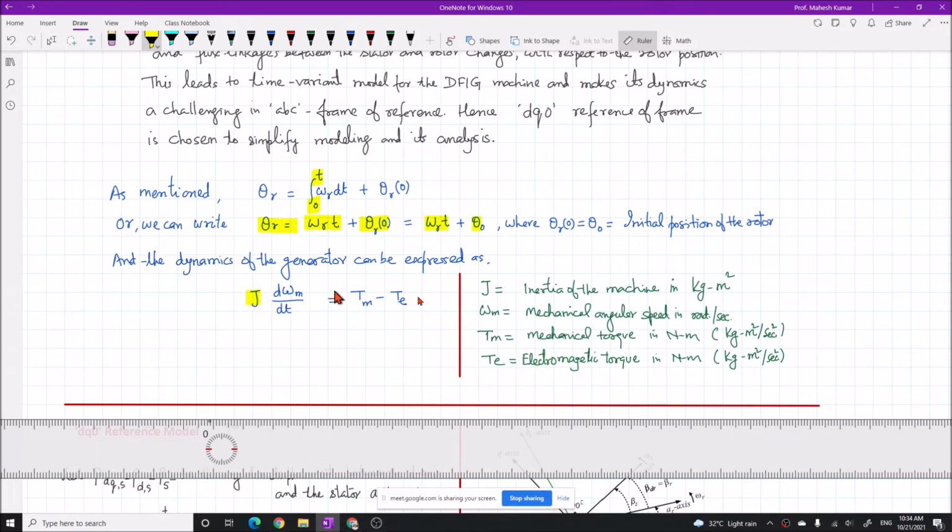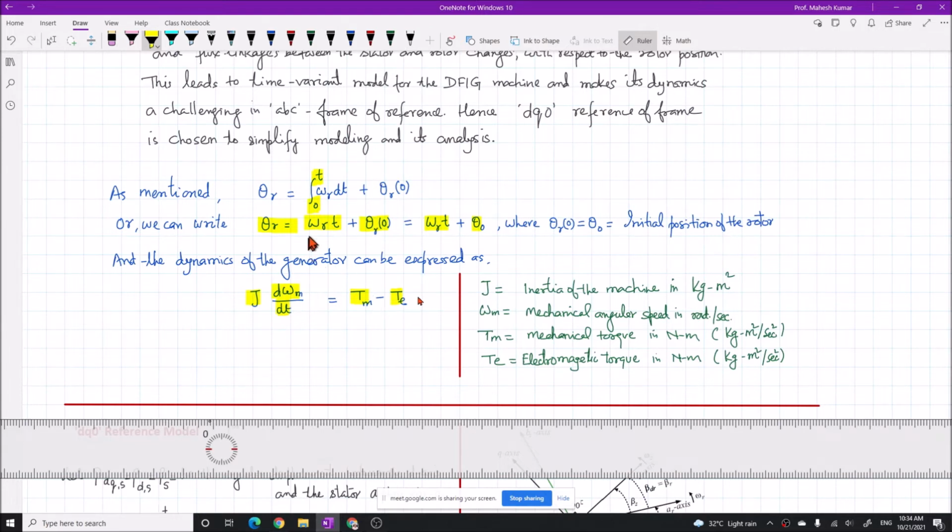The dynamics of the generator can be written as J d omega m by dt equals Tm minus Te, where m is for mechanical speed. Tm is the mechanical torque that the wind turbine drives the generator with, minus the electrical or electromagnetic torque generated by the generator.